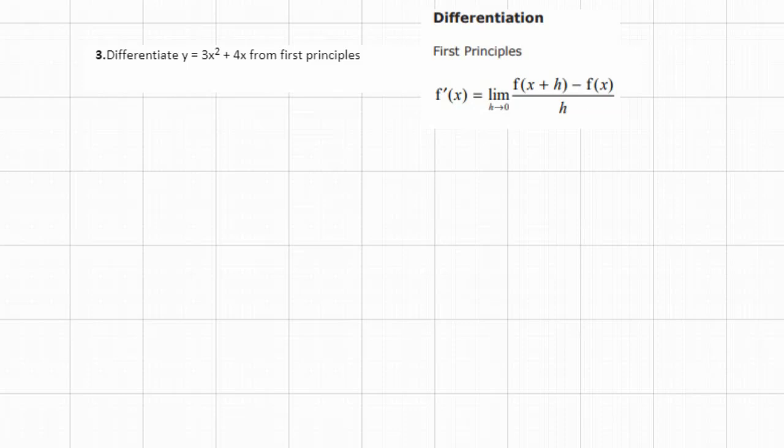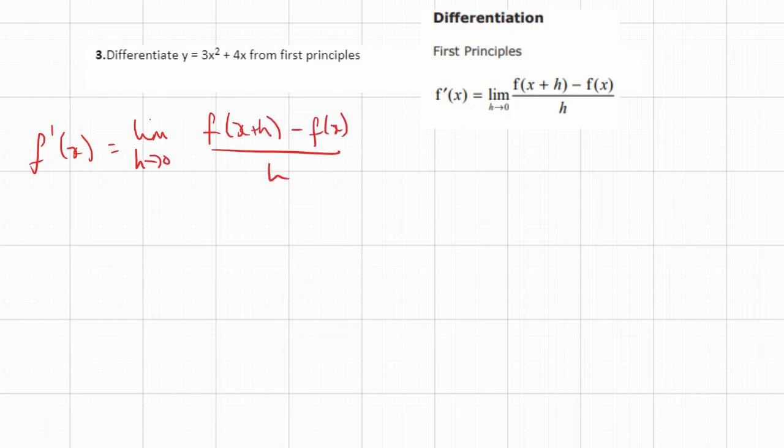But through first principles, f dash x equals the limit as h goes to 0 of f of x plus h minus f of x, over h. We'll get really bored of writing the limit as h goes to 0 over this question, but we've got to keep doing it.